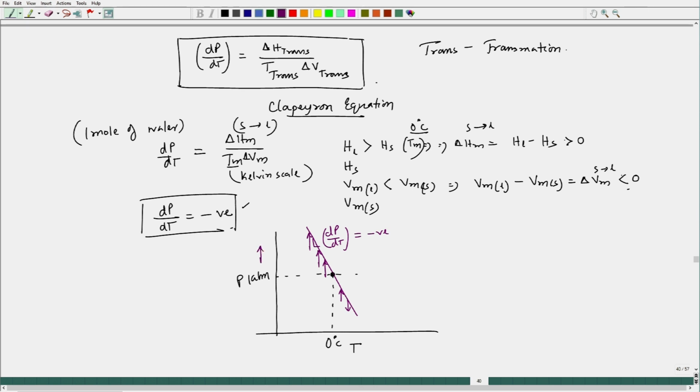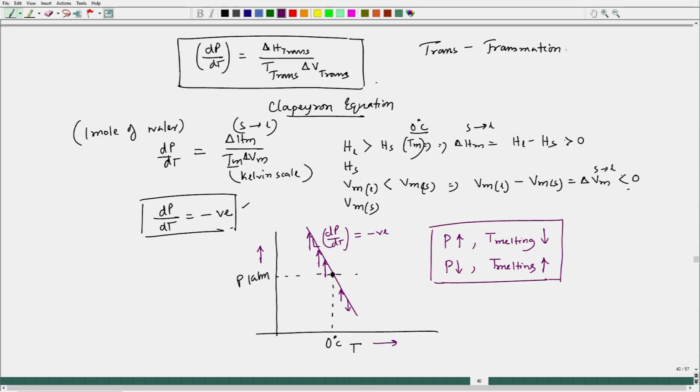So, pressure increases, melting point should decrease; pressure decreases, melting point should increase. This is a great finding.